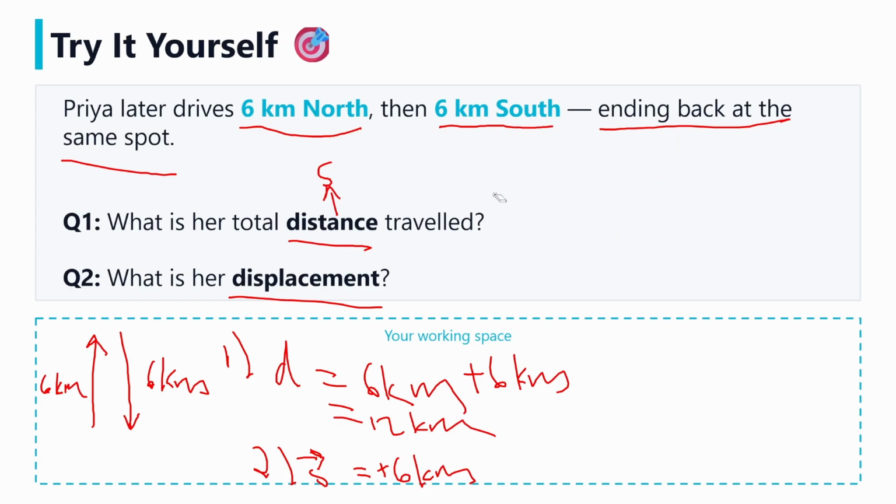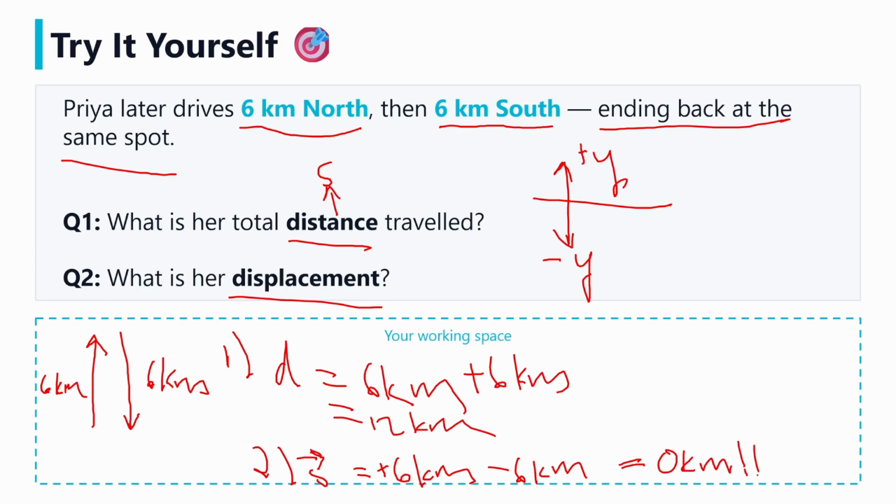But for now, it's only going across one axis, the north-south axis or the y-axis. So if you refer to the normal coordinate plane, this is positive y, and if this is the origin, this is negative y. So if at first we go 6 kilometers positive y, we also come back down 6 kilometers negative y, so minus 6 kilometers, and ultimately we get 0.